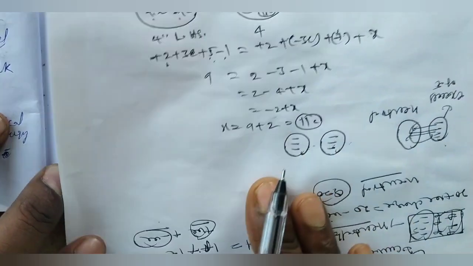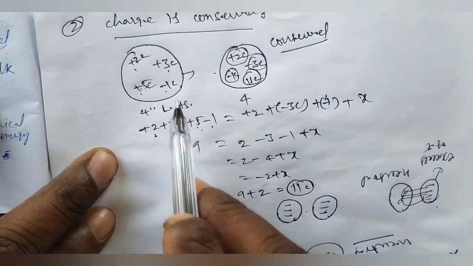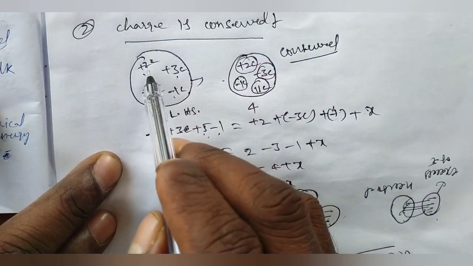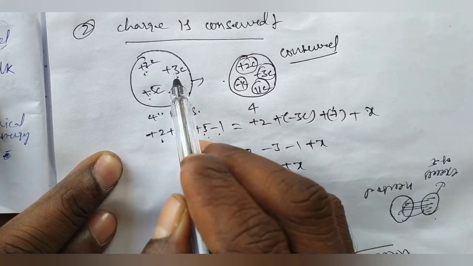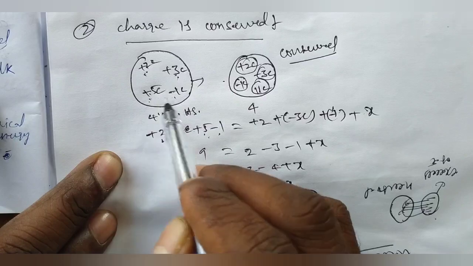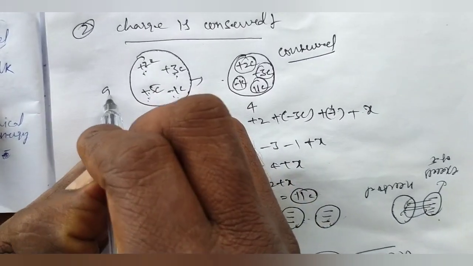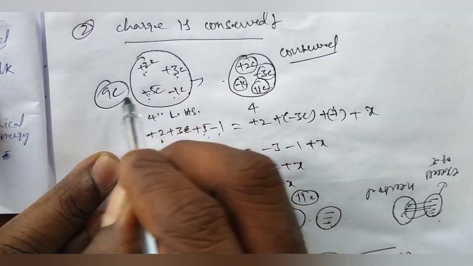Here also see the net charge in coulombs: 2 plus 3 is 5, plus 5 is 10, minus 1 is 9 coulombs. That is the net charge of the first body.